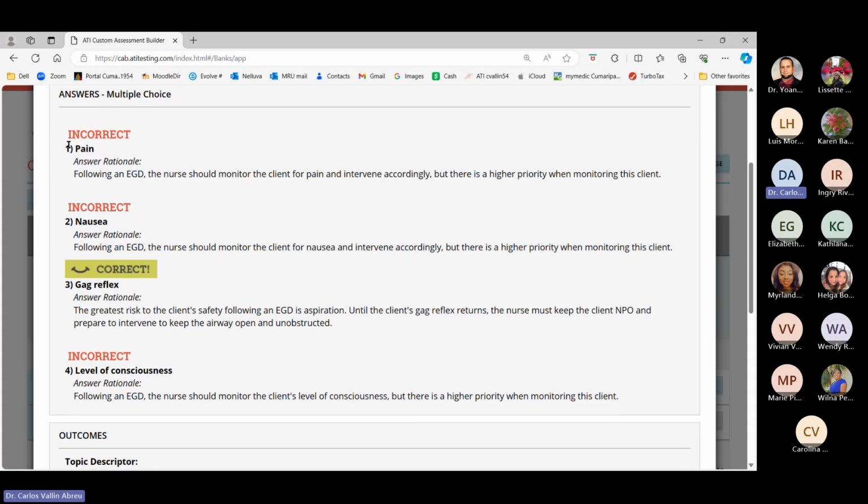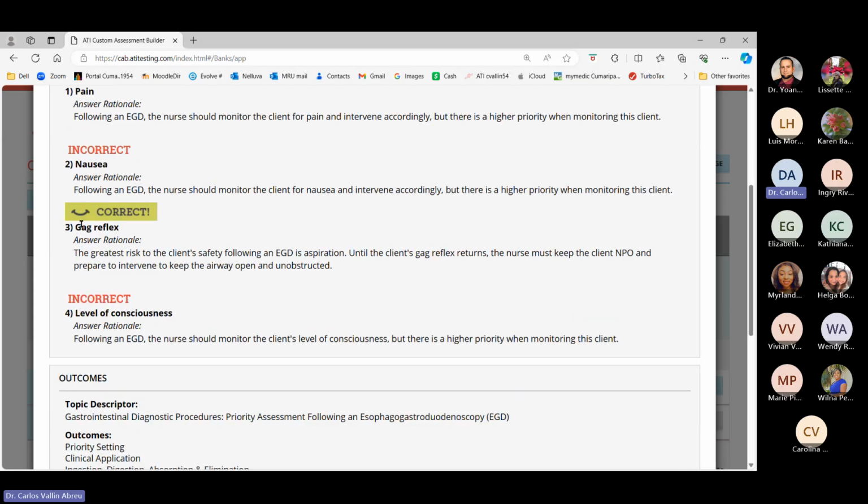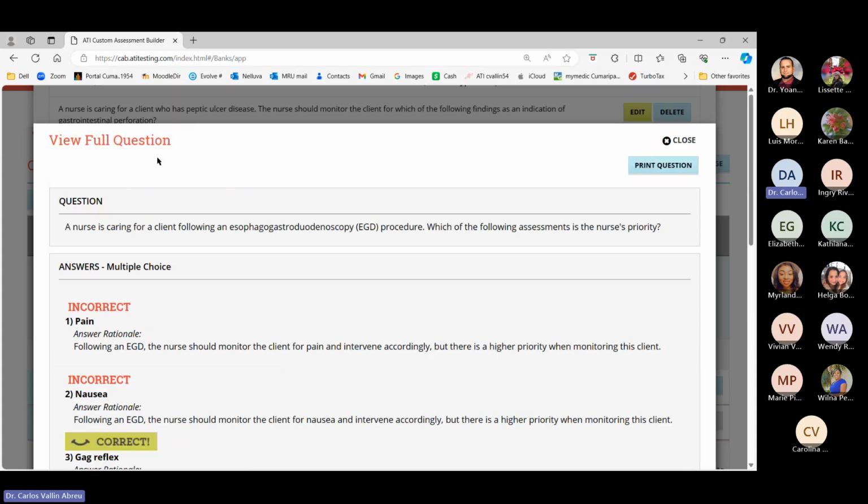Nausea is not important. Pain is not usual; there is pain because a complication happens. Okay, the priority is the gag reflex. Until the gag reflex returns, the client needs to be NPO. You know that.